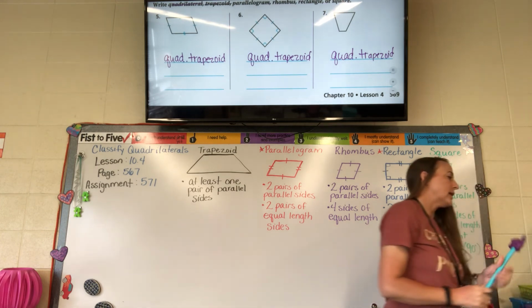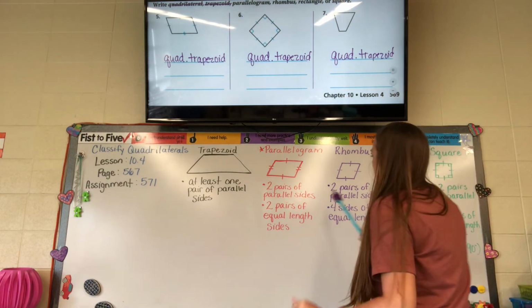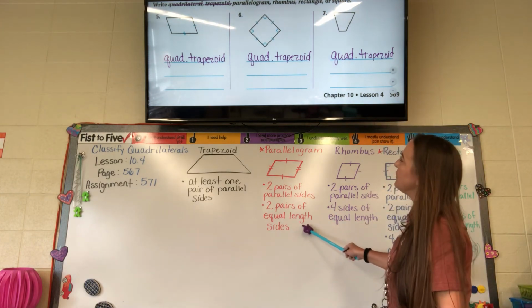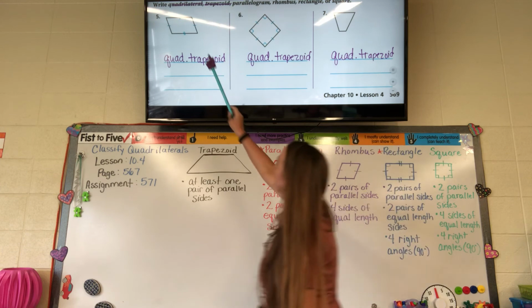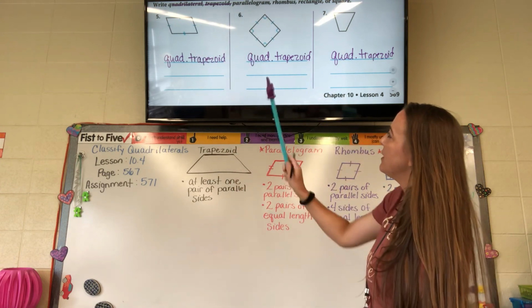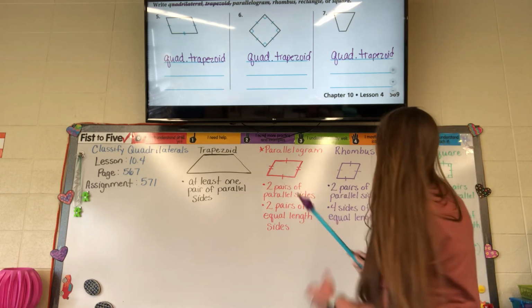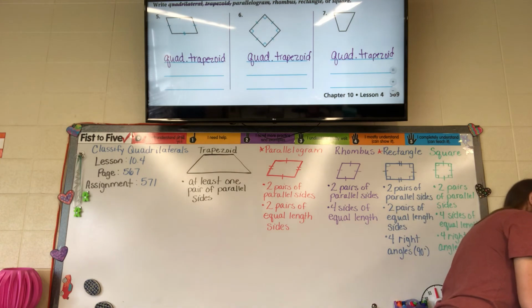Okay, parallelogram. Two pairs of parallel sides and two pairs of sides of equal length. So, two pairs of parallel sides, absolutely: the top and bottom are parallel and the two sides are parallel with each other. And opposite sides are equal length, so 5 is definitely a parallelogram.